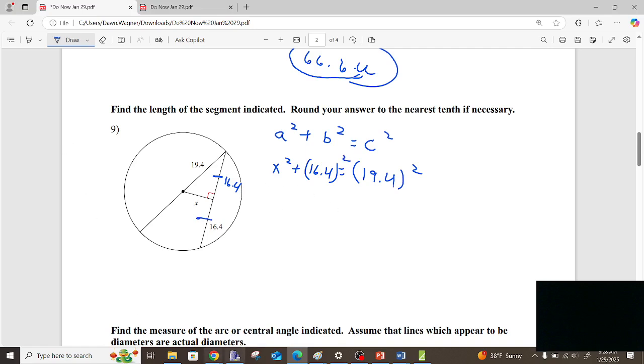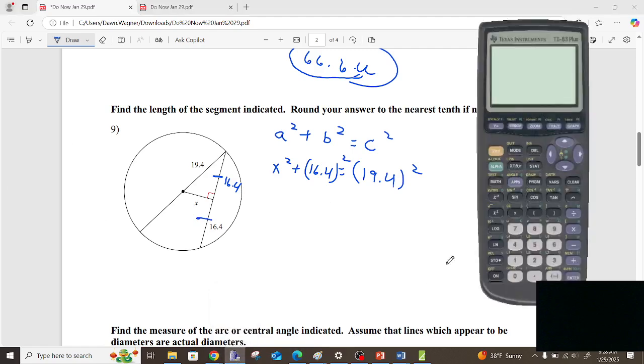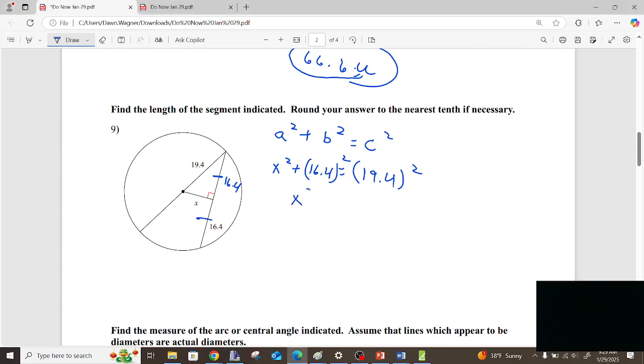So am I going to add after I square or am I going to subtract after I square? Subtract because they're on opposite sides of the equal sign. So if I do 19.4 squared, and I'm going to subtract the 16.4 squared, I get that x squared is equal to 107.4.